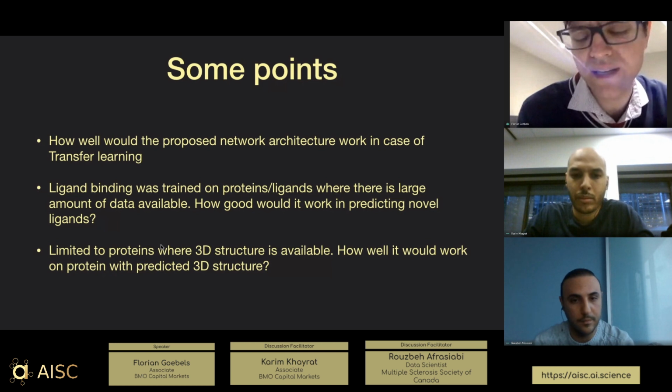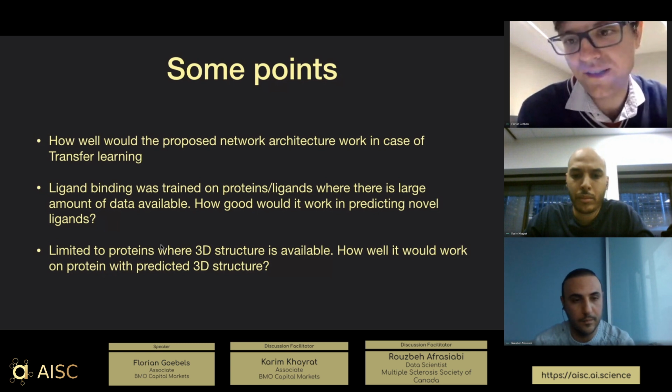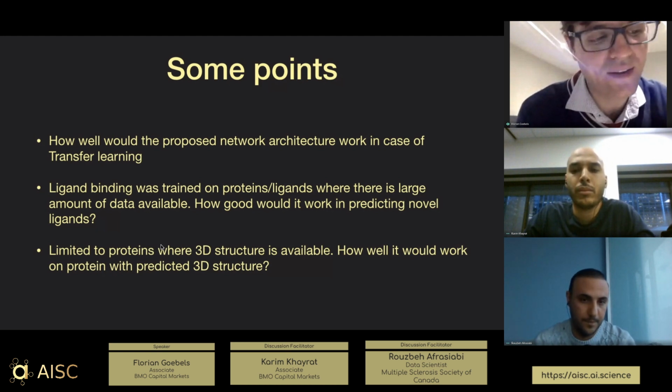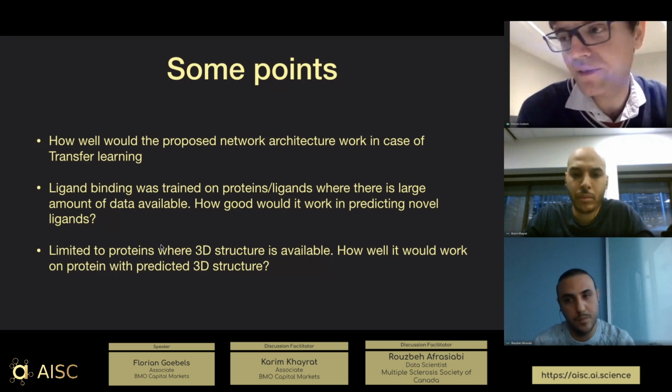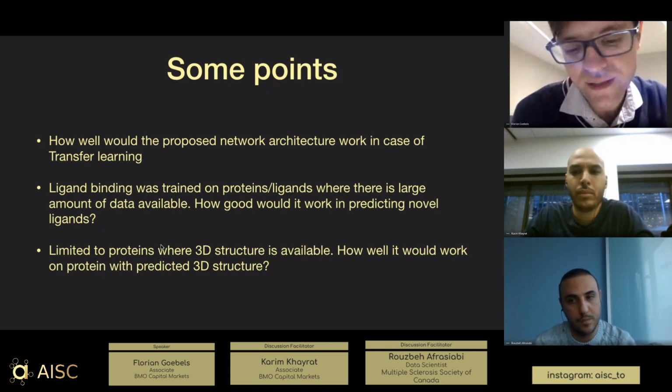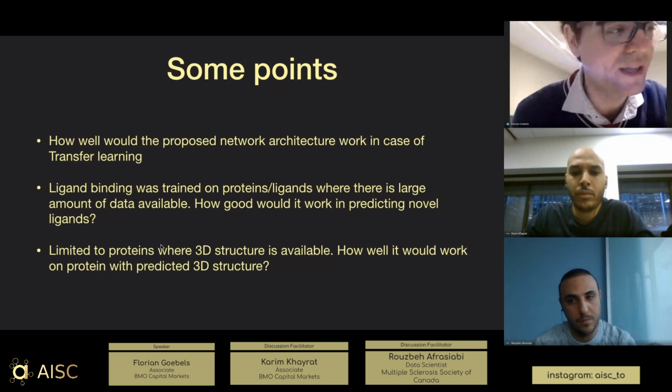And from how the structure works, the output was just a softmax, like supervised learning, right? So it would just say, given this ligand, it is going to predict one of those seven, right? So even if you want to add another ligand, you have to completely retrain the model. So it's going to be very difficult to use it as it is.